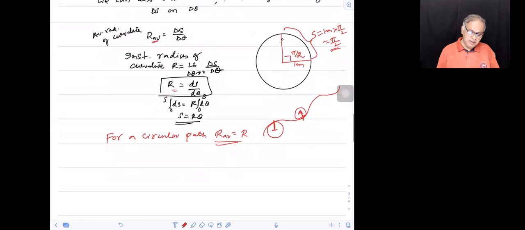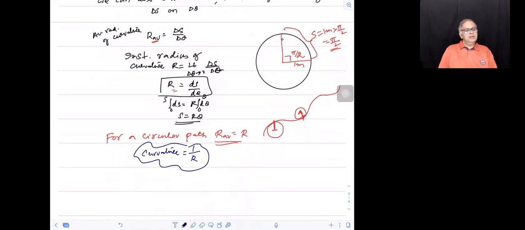And there will be a thing called curvature. You define curvature as the reciprocal of the radius of curvature, children. Curvature is equal to 1 by R. That way of discussing will be somewhat useful many times.